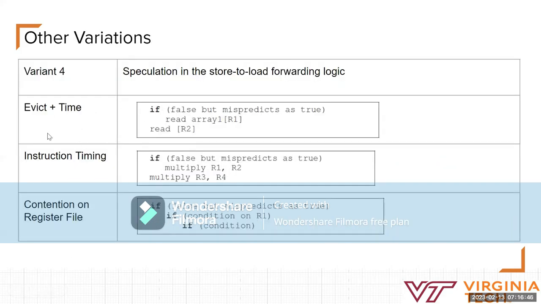There are other variations of this as well. The first being evict plus time, which works by measuring the timing of operations that depend on the state of the cache. Suppose the register R1 contains a secret value.